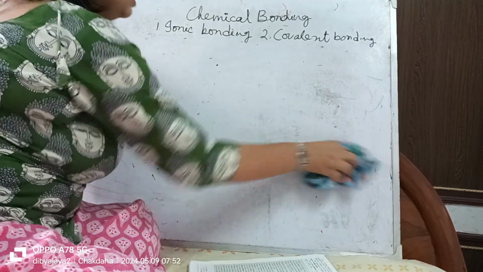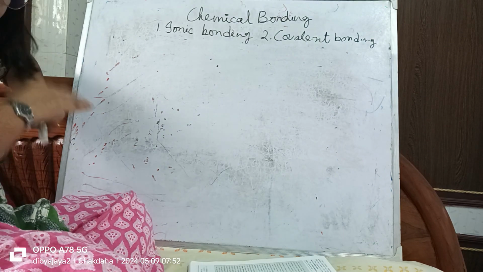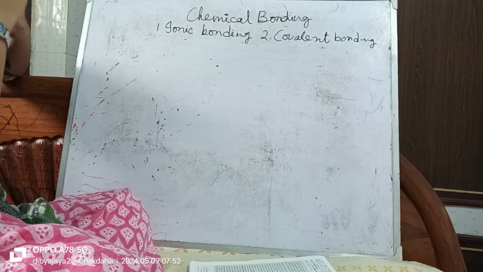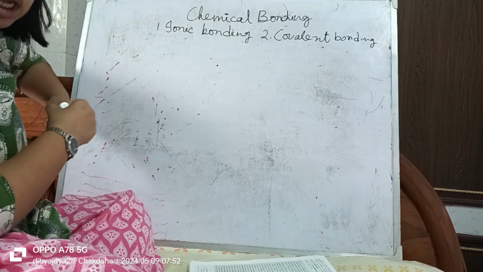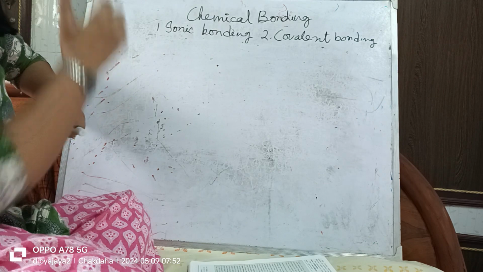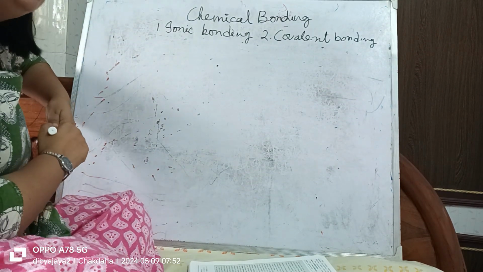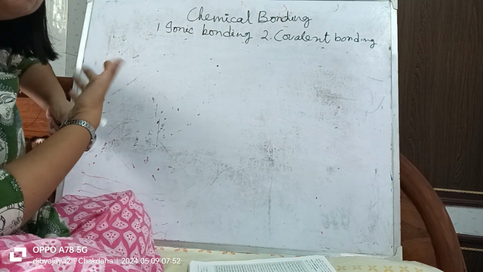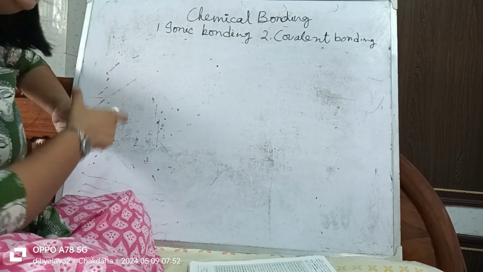When you were in class 8, we learned that when in a compound oxygen is added and hydrogen is removed, we call it oxidation, and when oxygen is removed and hydrogen is added, we call it reduction. But now you are grown up, you are in class 9, so one more concept is there.